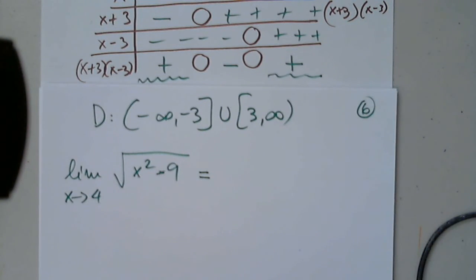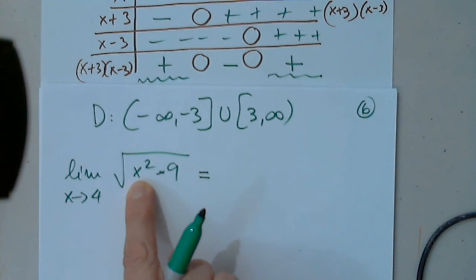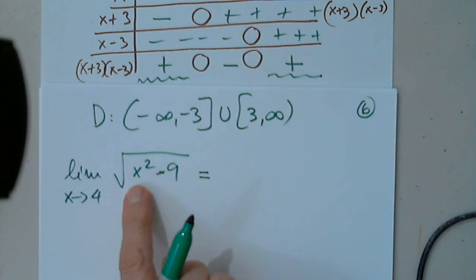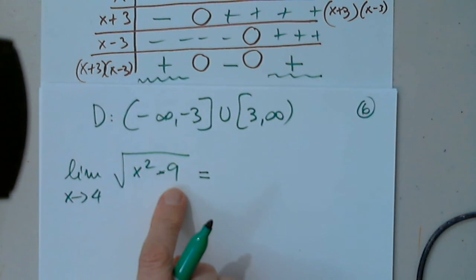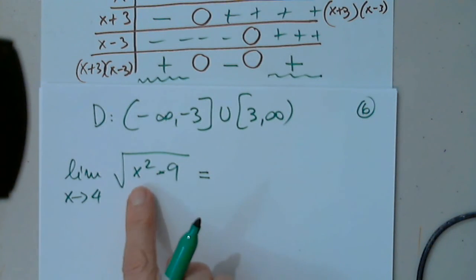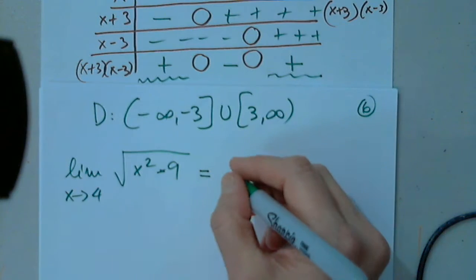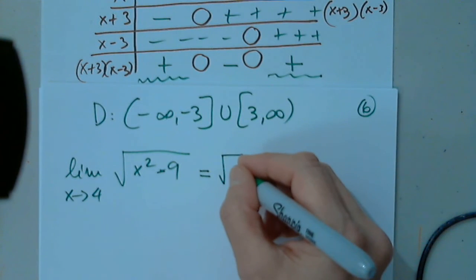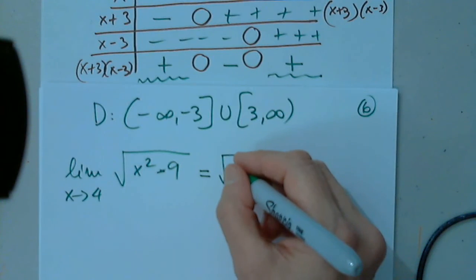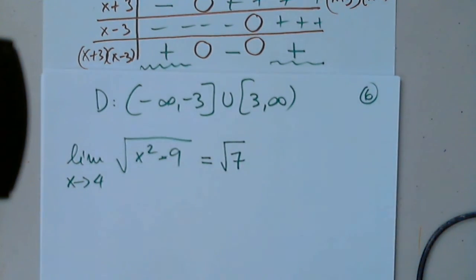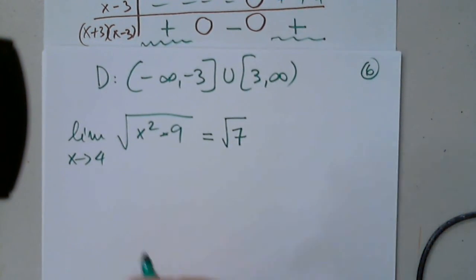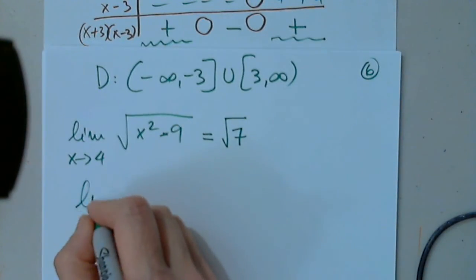So 4 squared is 16. 16 minus 9 is? Anyone? 7. That's it.